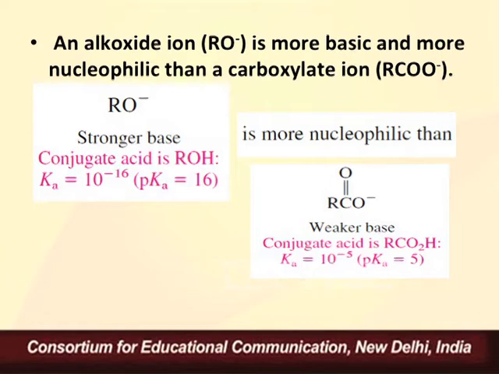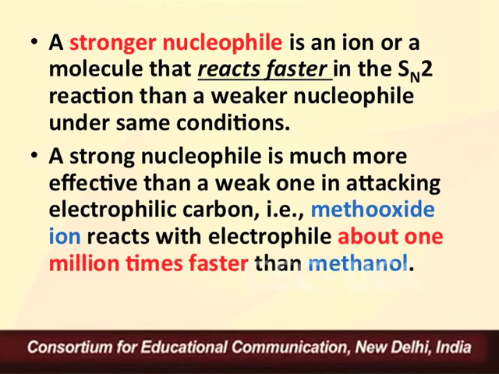Now what you have to remember is, a stronger nucleophile is an ion or a molecule that reacts faster in the SN2 reaction than a weaker nucleophile under the same conditions. A strong nucleophile is much more effective than a weak one in attacking an electrophilic carbon.